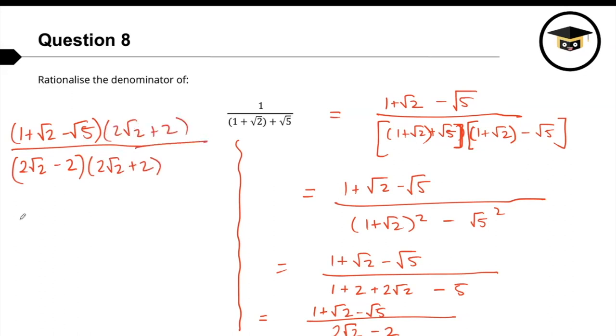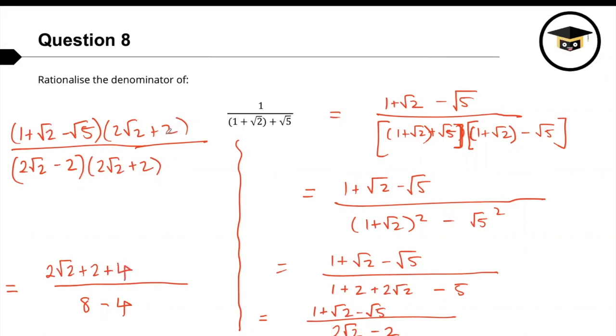And what do we get? Well, on the bottom, we're going to get a difference of squares. 2 root 2 squared is going to be 8, minus 2 squared, which is 4. On the top, we're going to get 2 root 2 plus 2 times 1 plus root 2 minus root 5. So that's going to be 2 times 2, which is 4.